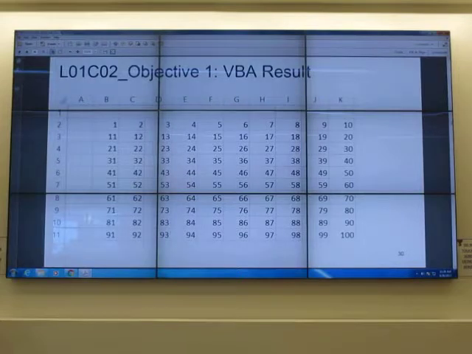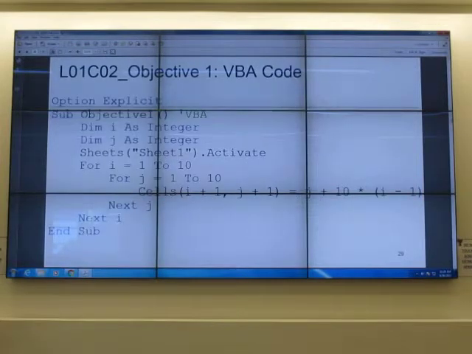Landry, what do you think? This code starts from B2. But if you want A1, which part of the code makes it start from B2? Plus one. Cell I plus 1, J plus 1, right?